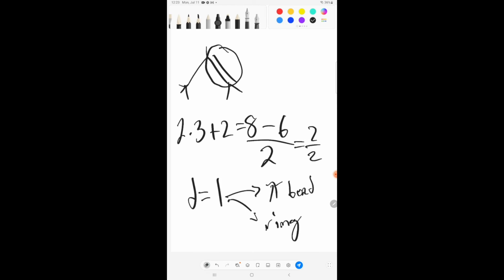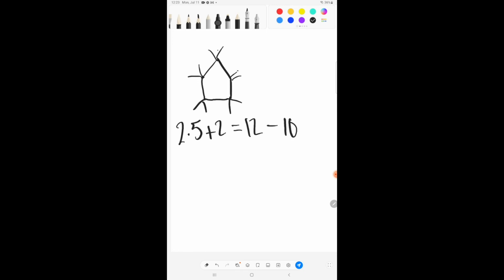So it's quite clever. So let's do an example. What is this? This is going to be cyclopentane, right? Because we have 5 carbons. So 2 times 5 carbons plus 2 is going to give you 12, minus how many hydrogens? Well, we have 2 here, 2 here, 2, 2, 2, and 2. So we have 10, right? 2, 4, 6, 8, 10.